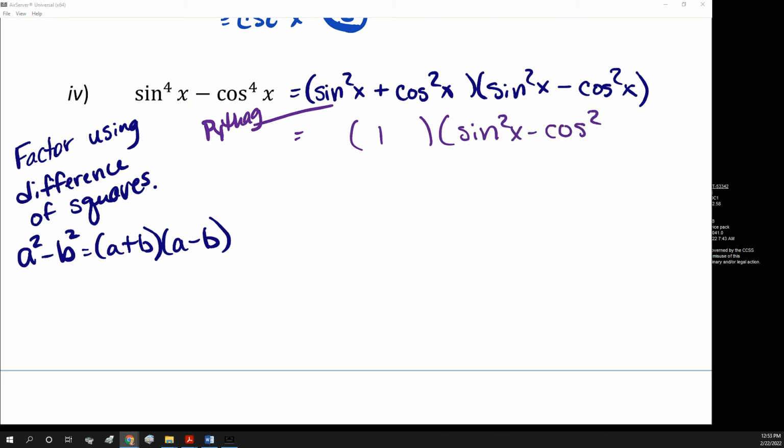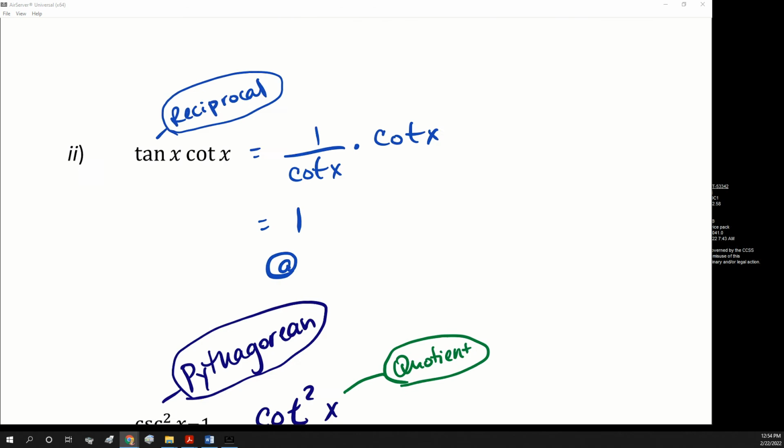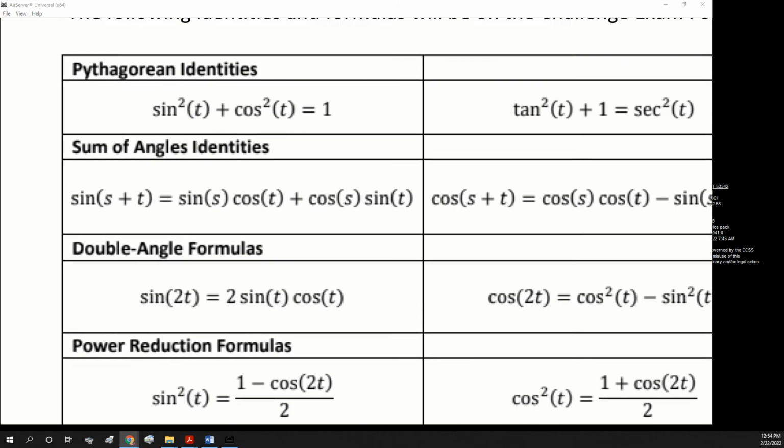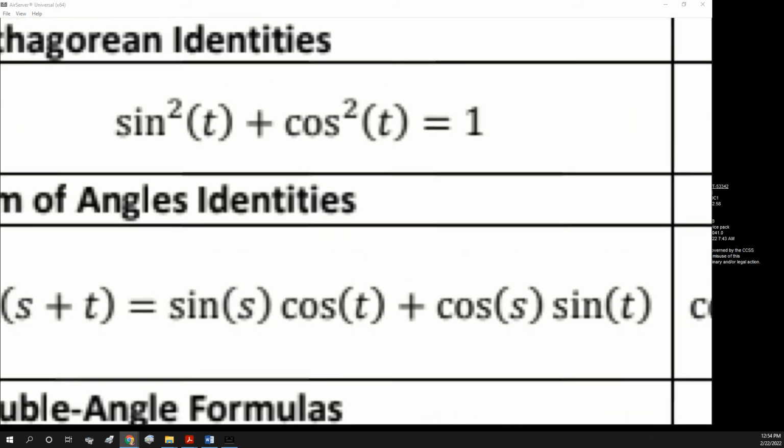So then when you multiply that by 1, you get choice B. And that's it. It's this Pythagorean identity right here.